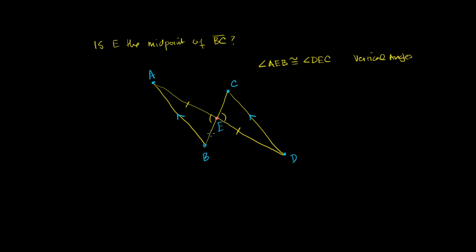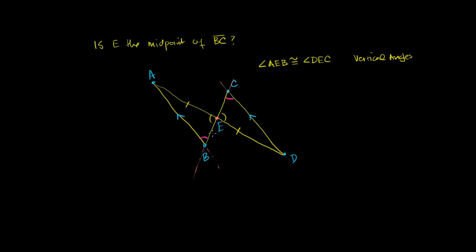Now we know that AB and CD are parallel. So this line right over here is a transversal. There are actually several ways that we can do this problem, but let me just continue the transversal so we get to see all of the different angles. You could say that this angle right here, angle ABE, is the alternate interior angle to angle ECD, to this angle right over there.